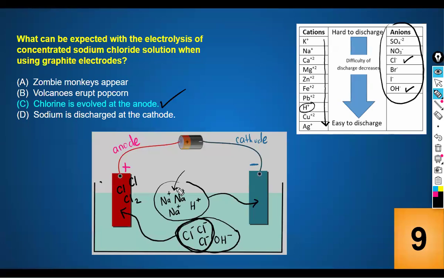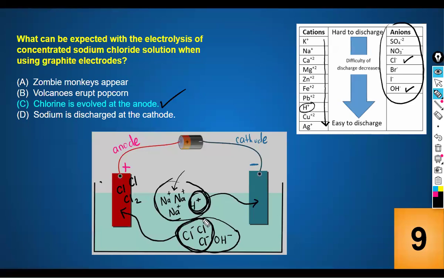But does that actually happen at the cathode? Go back in your notes from last term. When it's concentrated sodium chloride, does the sodium actually get discharged, or is it still the H? Turn back in your notes. Which one actually gets discharged? It's not the sodium, sorry. The H still gets discharged.